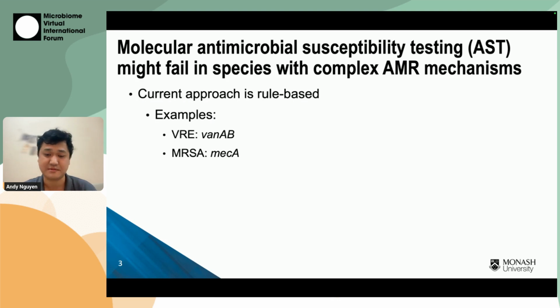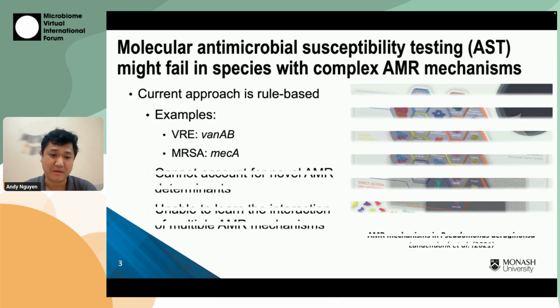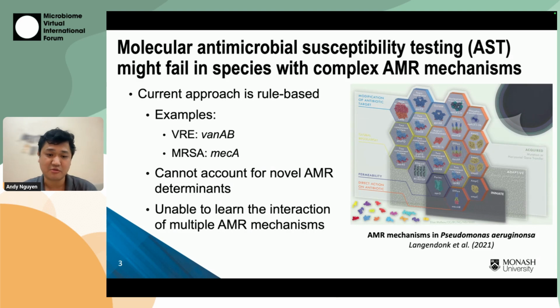these current approaches have some drawbacks. The first drawback is that they cannot account for novel AMR determinants where there is no literature showing them. They are also unable to learn interactions between multiple AMR mechanisms.